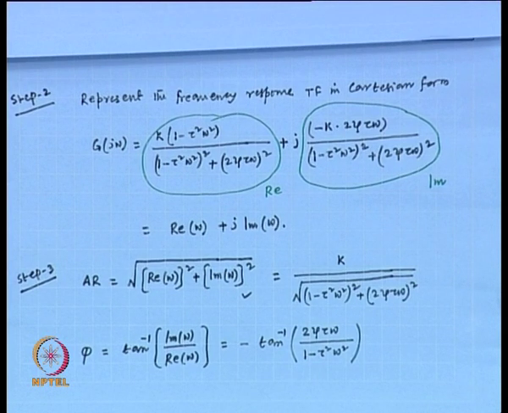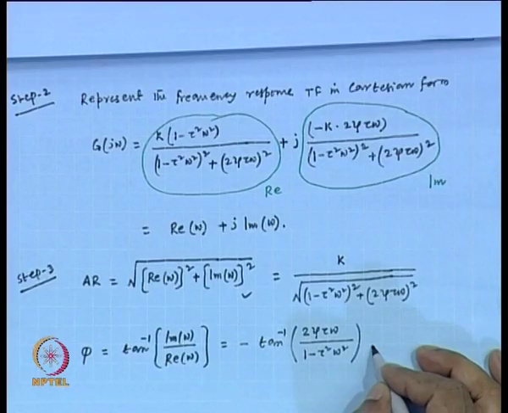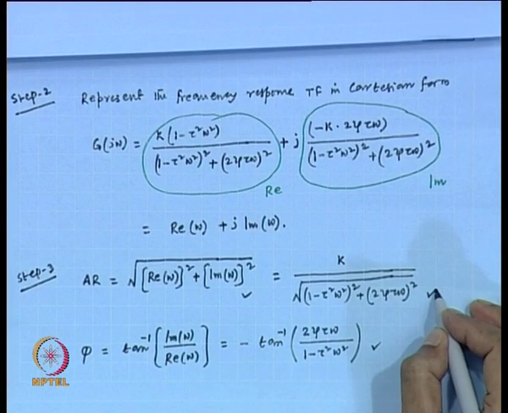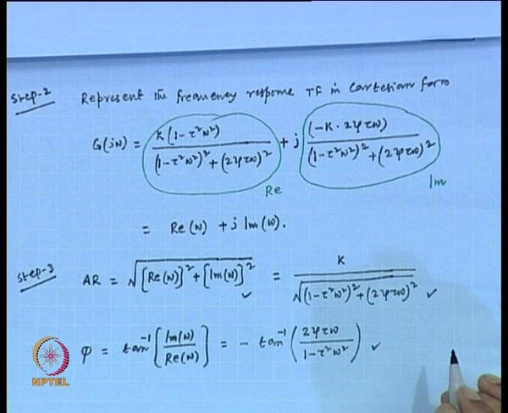So, first we substituted s equals j omega, then we represented the frequency response transfer function in Cartesian form, and in the third step we determined the expressions for amplitude ratio and phase angle.